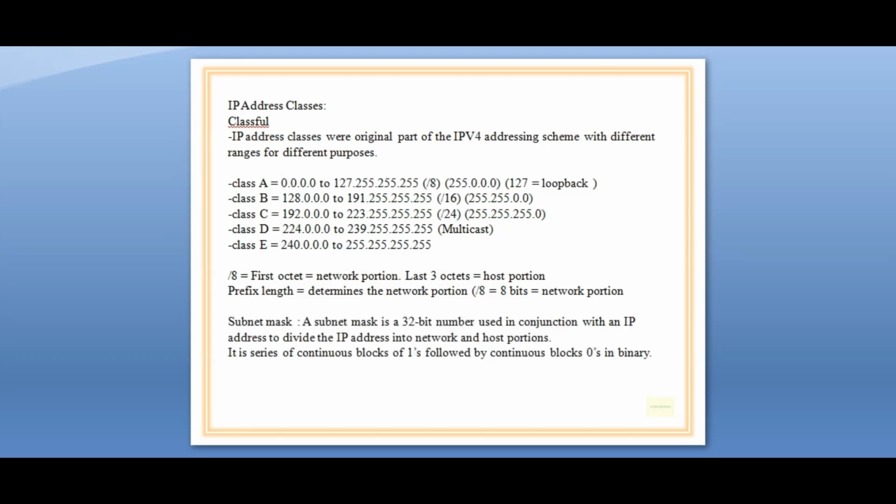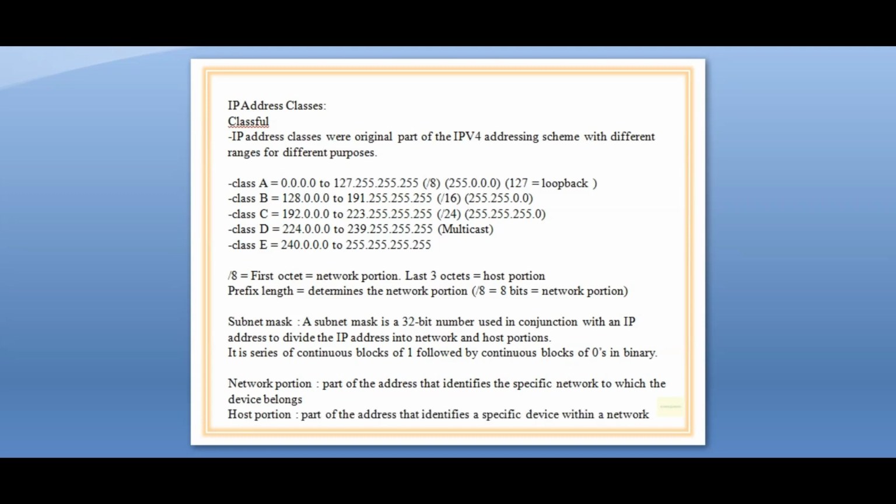A subnet mask is a 32-bit binary number, or a dotted decimal representation, of the network and the host portion of the IP addresses. The network portion is all ones and the host portion is all zeros. It is a continuous block of ones followed by a continuous block of zeros. The network portion is the part of the address that identifies the specific network. The host portion is the part of the address that identifies the specific device.